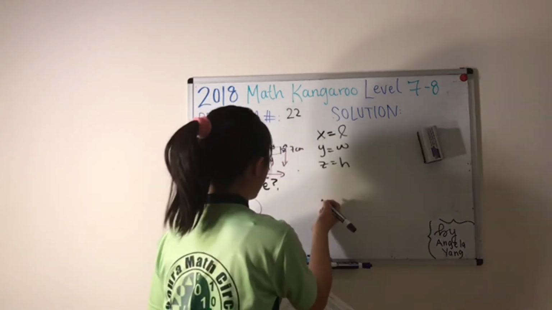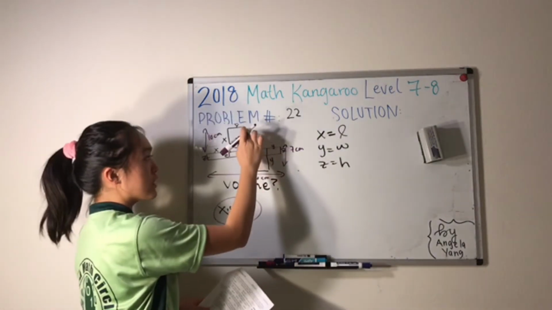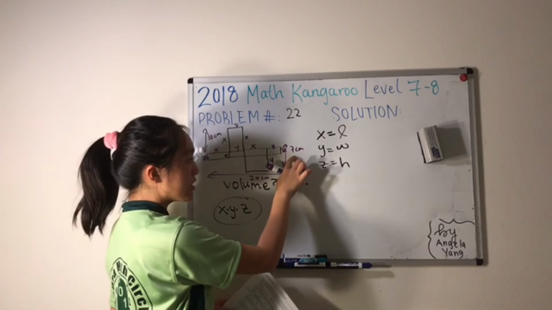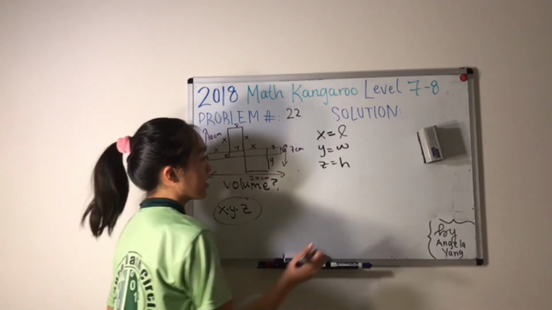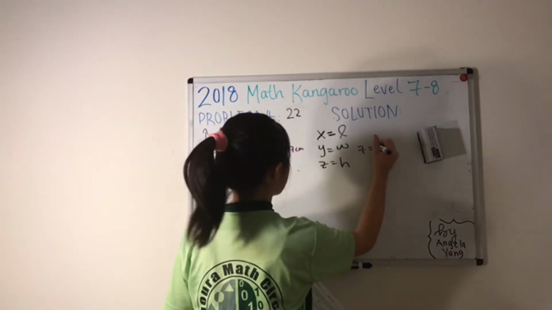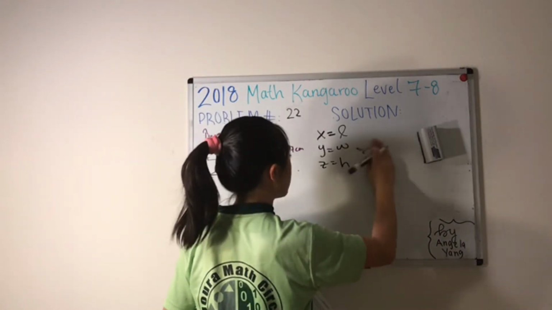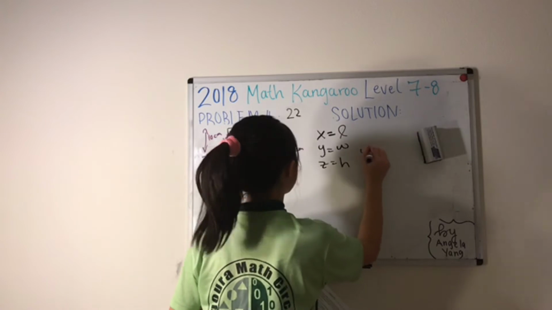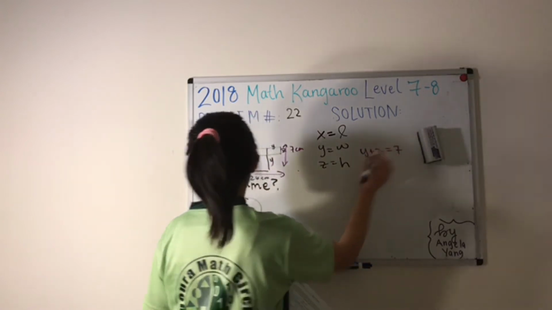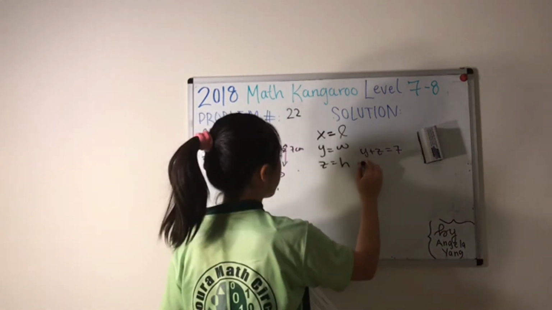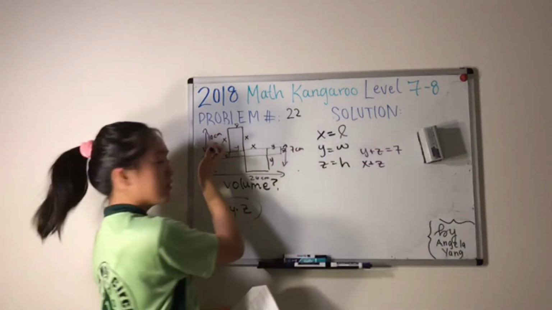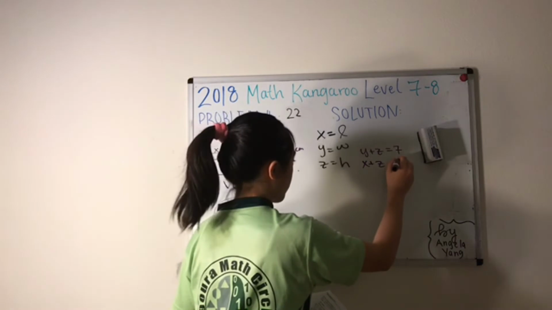So now let's get on to our equations. I labeled each side here. So 7 centimeters is z plus y, because this length is z and this length is y. So y plus z equals 7. Now we have it up here as well, we have z plus x. So x plus z equals 10 centimeters.